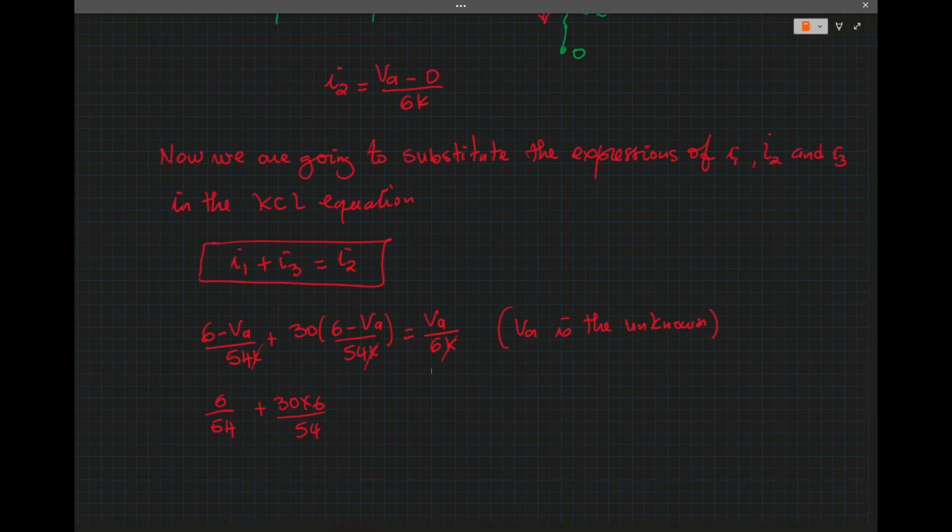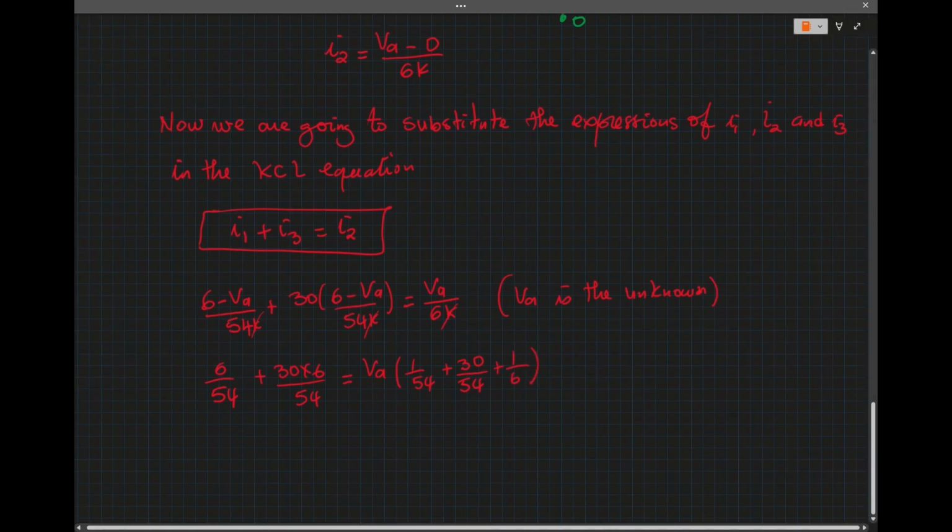So we have 6 divided by 54, not by 4, plus 30 times 6 divided by 54. Okay, that is equal to VA times 1 over 54 plus 30 over 54 plus 1 over 6.